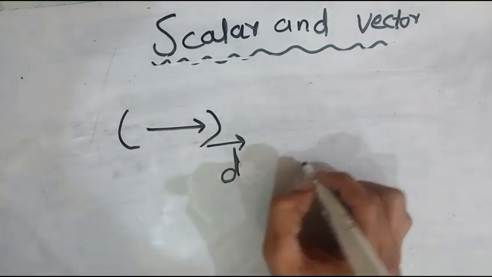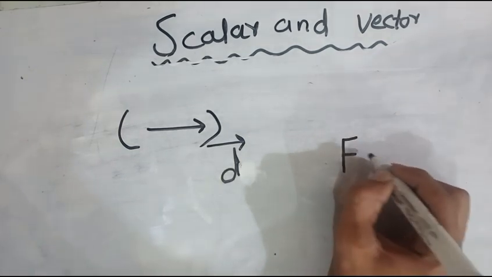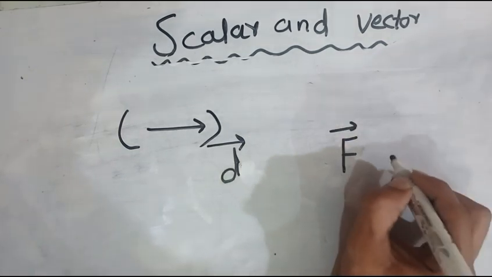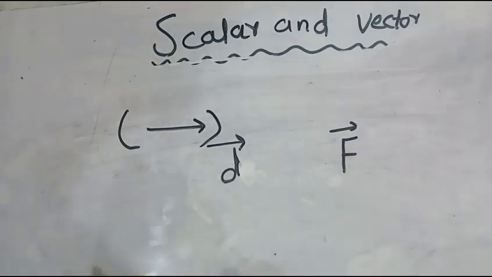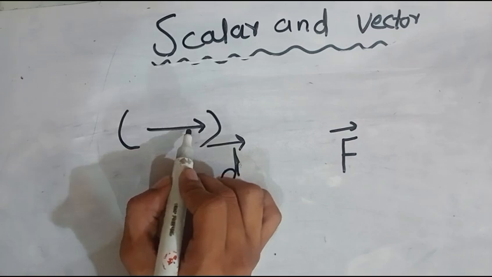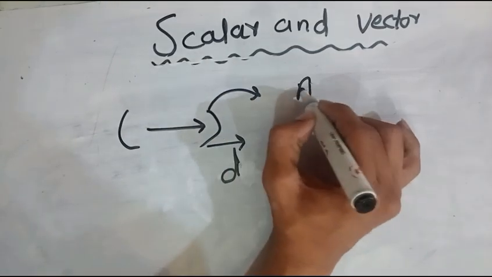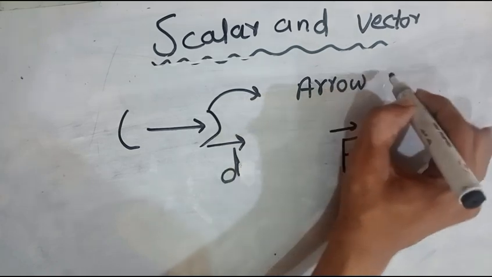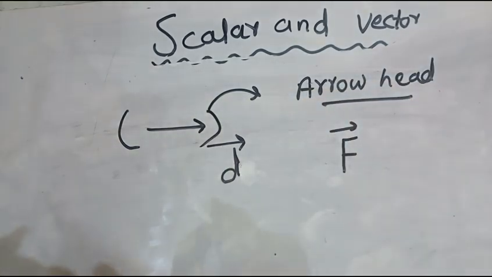I told you about force. Force is also a vector quantity. So a vector quantity is represented by an arrowhead.